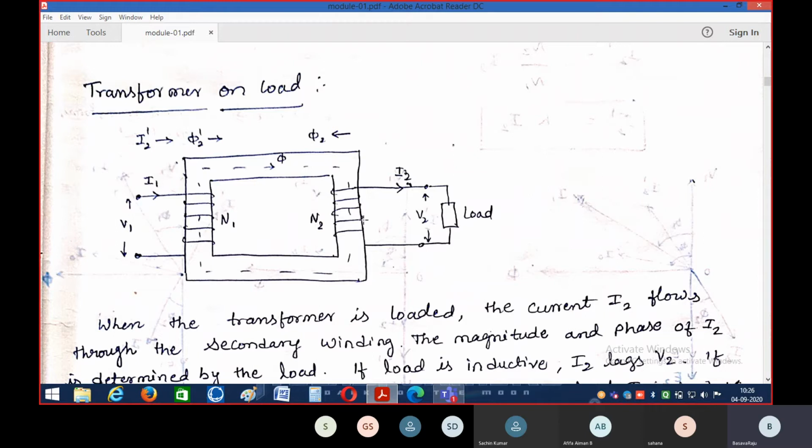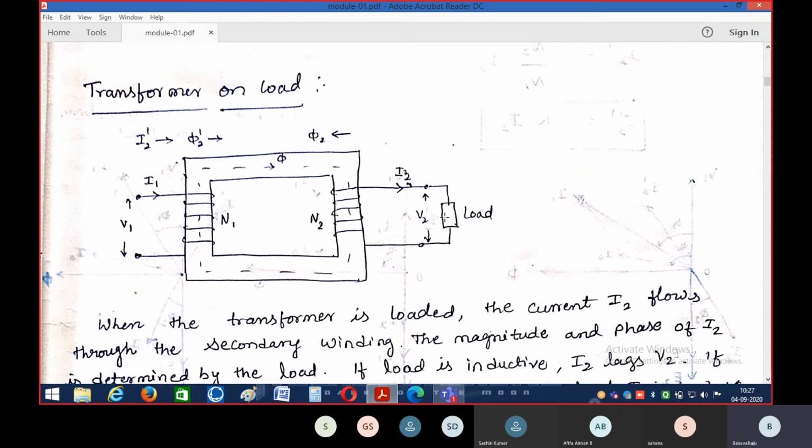I will start the topic transformer during the load condition, or we can say the operation of transformer on load condition. What is the difference between the previous case which we discussed just now and this case? There we had not connected any load on the secondary terminals of the transformer.